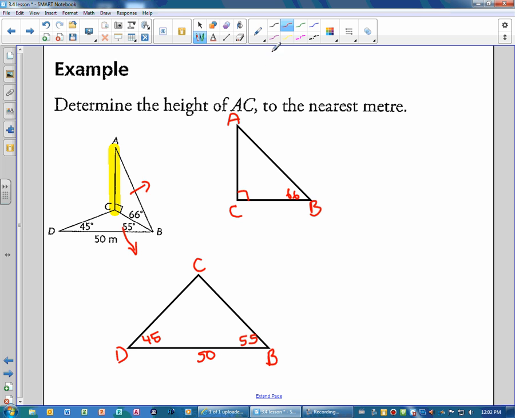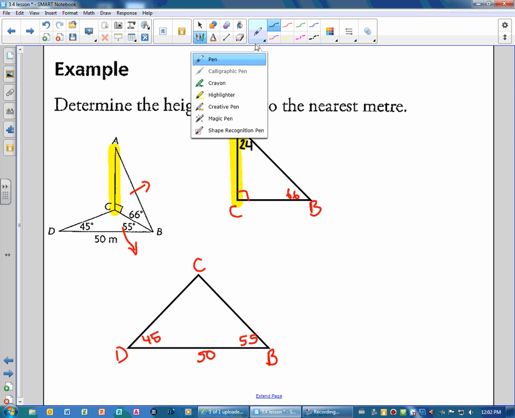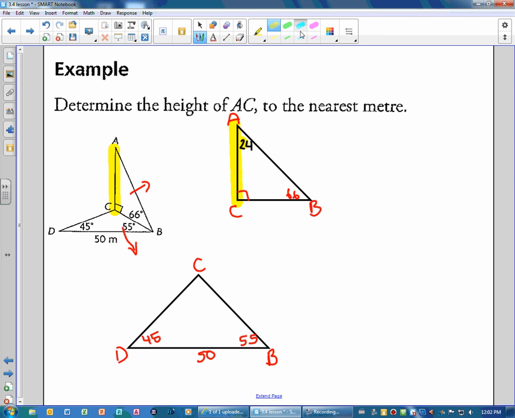So remember, I'm trying to find this side. Well, I can't use my trig ratios because all I know is this is 66, this is 90. I could figure out that this angle here is 24 degrees, but that doesn't help me to find this side length. But remember that in my picture, there was a shared side.